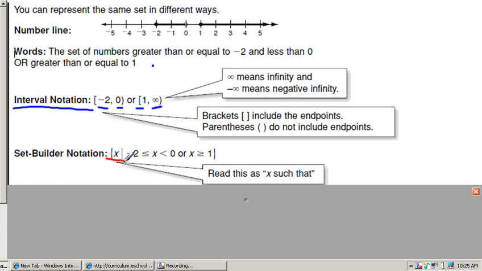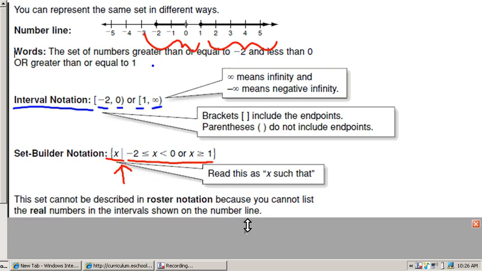The only thing that line is for is to separate the X from how you're actually representing that set of numbers. So the left-hand side just shows the name. The right-hand side shows what the value of the number is. So x is greater than or equal to -2, but less than 0. And notice, this is all representing what's on this number line up here. And x is greater than 1. That represents that other portion of the number line.